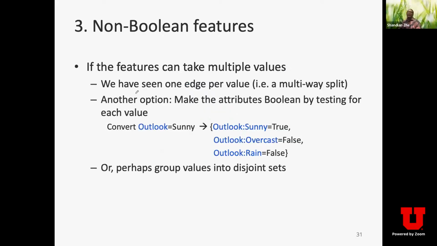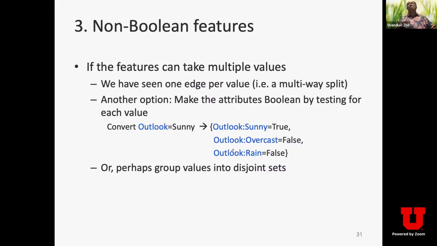So in that case, we can convert this multi-class feature to be a set of binary features. How can we do so? Take the outlook as an example. We know that outlook can have 3 values: overcast, sunny, rain. So now I'm gonna convert the case that outlook is sunny into a binary feature: is outlook sunny or not, is outlook overcast or not, is outlook rain or not.